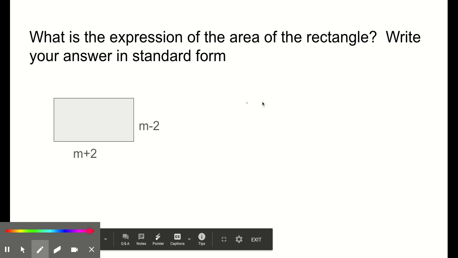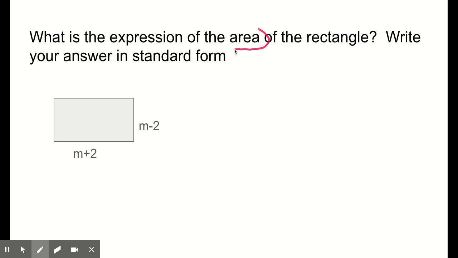This time we're looking for the area of the rectangle. The formula for area of a rectangle is the length times the width. So we have our length and our width here and here, and it doesn't matter which one's which. You can call this one the length and this one the width, or vice versa, because we're multiplying. The order is not important.